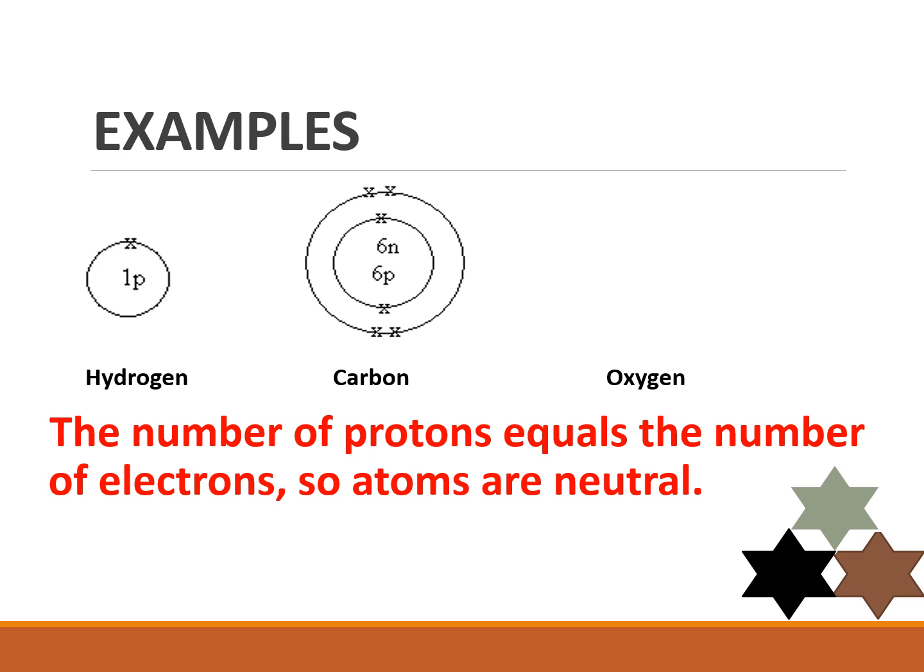For carbon is 6. For oxygen is 8. The number of protons is equal to the number of electrons. So we can say that an atom is neutral because you have, for example, carbon, you have 6 positive protons and 6 negative electrons.